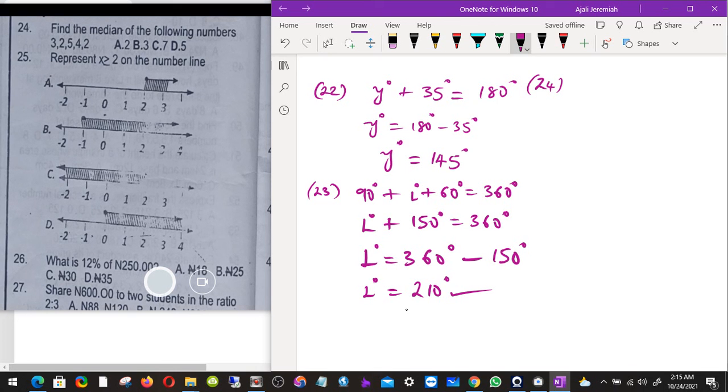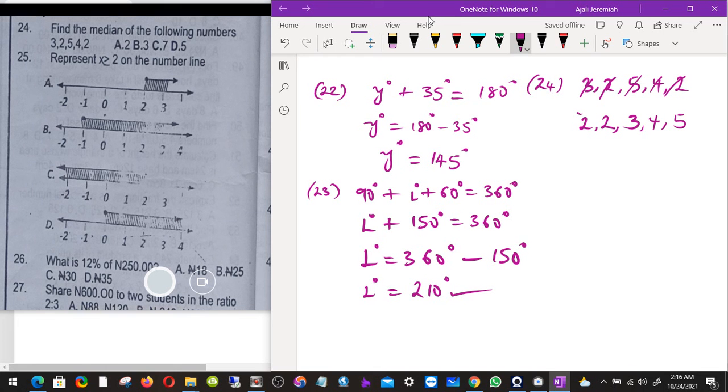So if the numbers are 3, 2, 5, 4 and 2, arranging in order of magnitude from small to big, we have 2, then another 2, then 3 comes first before 4, then 3, then 4 before 5.